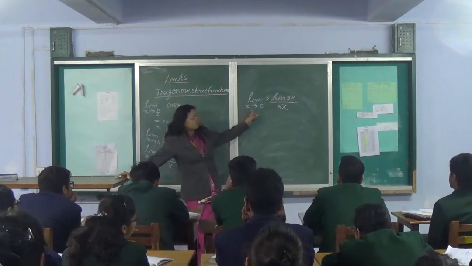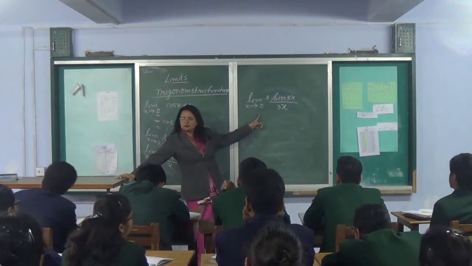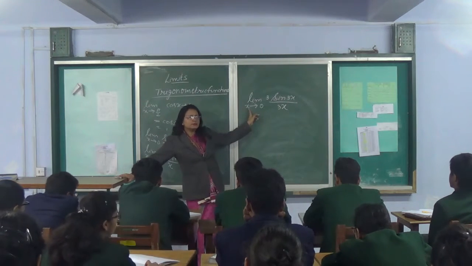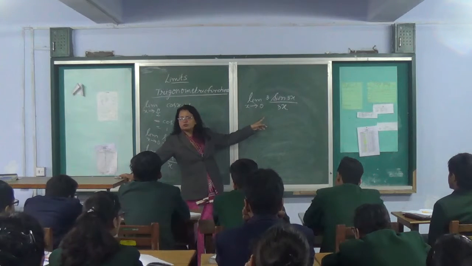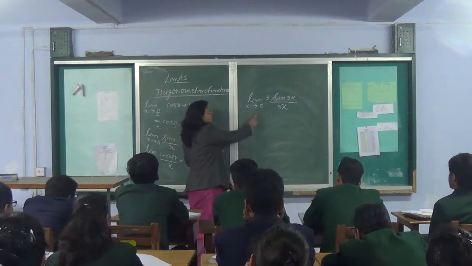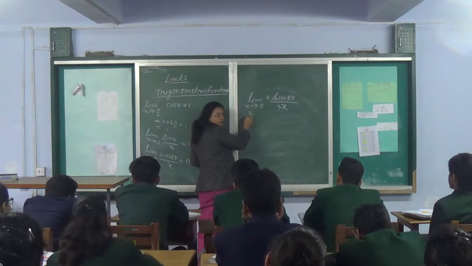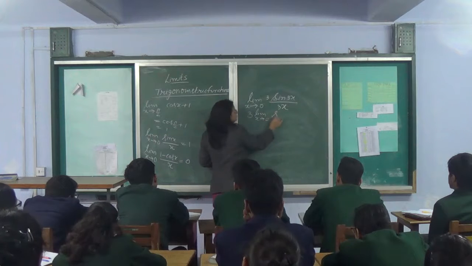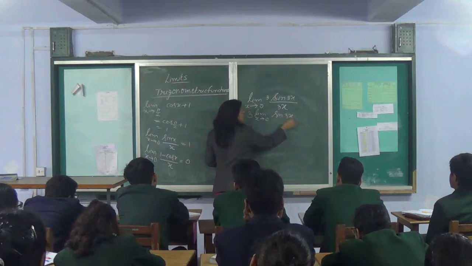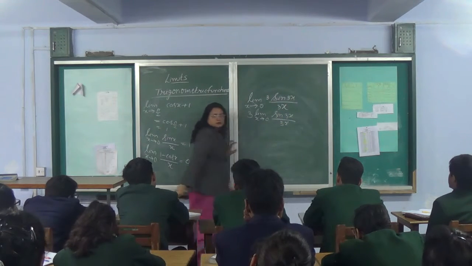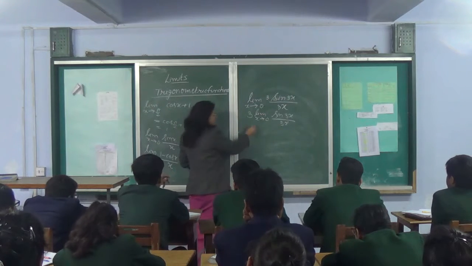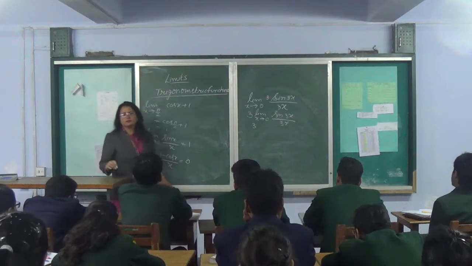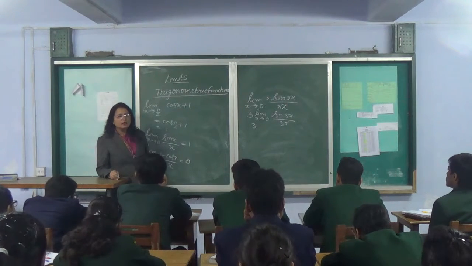See, when x is approaching 0, 3x will also tend to 0. Right? So what we have, take this scalar out and then limit x tending to 0 sin 3x upon 3x. So what is the answer? Because limit x tending to 0 sin 3x upon 3x will be 1.